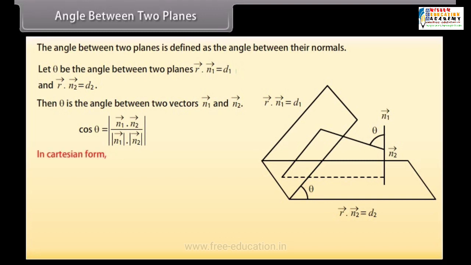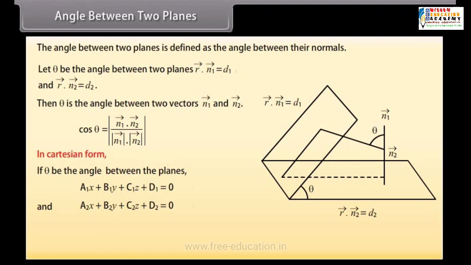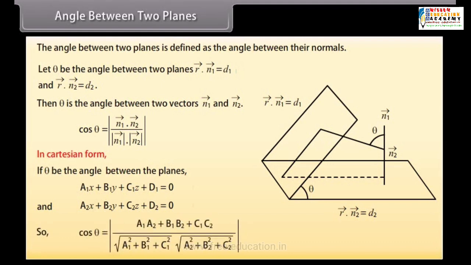In Cartesian form, if theta be the angle between two planes, a1x plus b1y plus c1z plus d1 equals 0 and a2x plus b2y plus c2z plus d2 equals 0, so cos theta equals modulus of a1a2 plus b1b2 plus c1c2 divided by square root of a1 square plus b1 square plus c1 square into square root of a2 square plus b2 square plus c2 square.